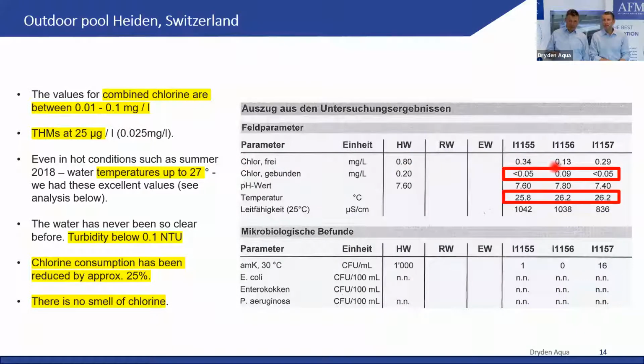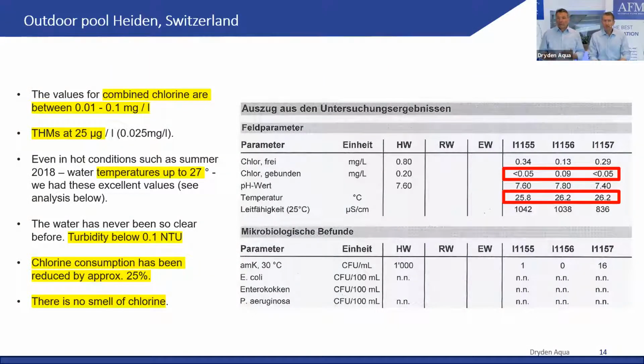They have 3 different systems, and you see combined chlorine 0.05, 0.09, 0.05, so below 0.1. Of course, if it's cold and they don't have any users, it's easy to achieve. But this was really in August when it was 35 degrees outside, and you also see the water temperature, 26 degrees. So it was very, very loaded.